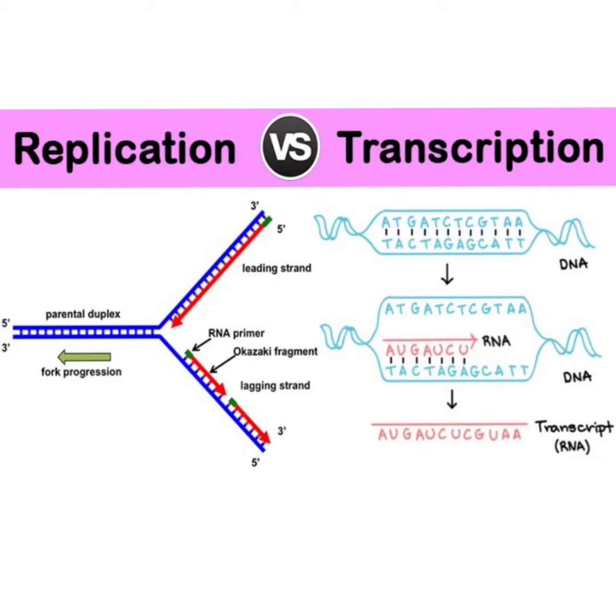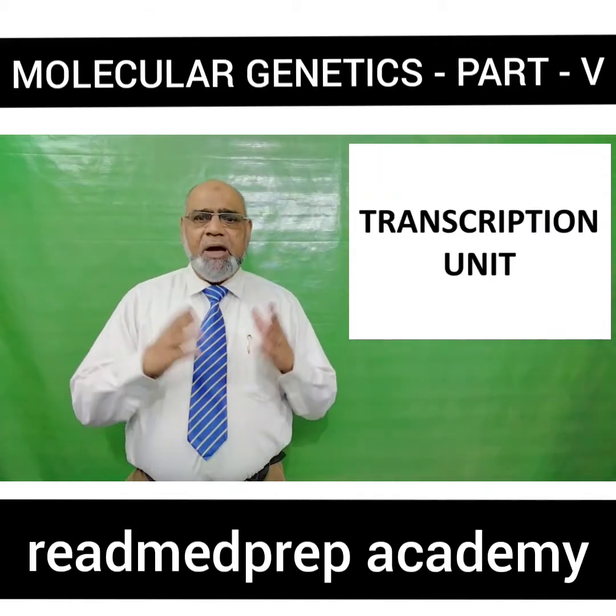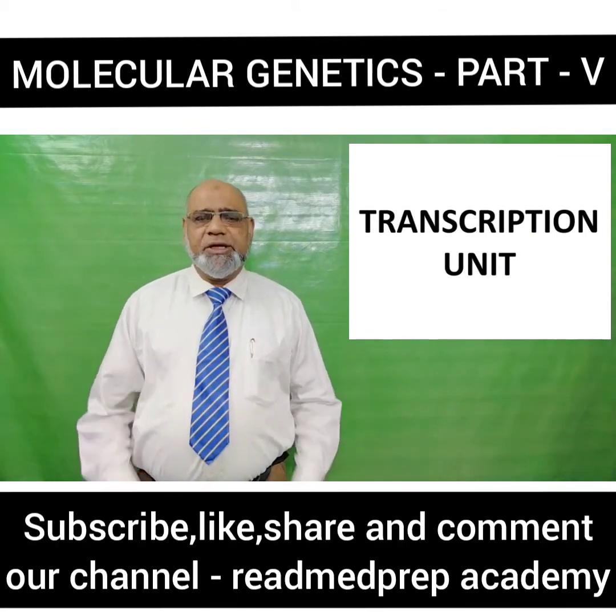Whereas in transcription, there is formation of a transcription bubble, and one strand is called the coding strand, the other strand is called the template strand, and the RNA is formed in the 5' to 3' direction in only one strand of DNA.